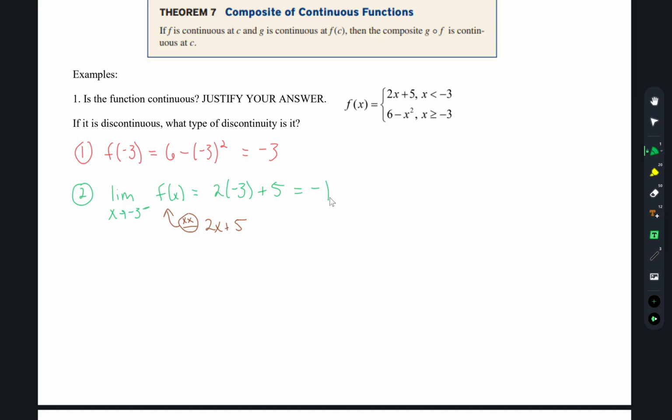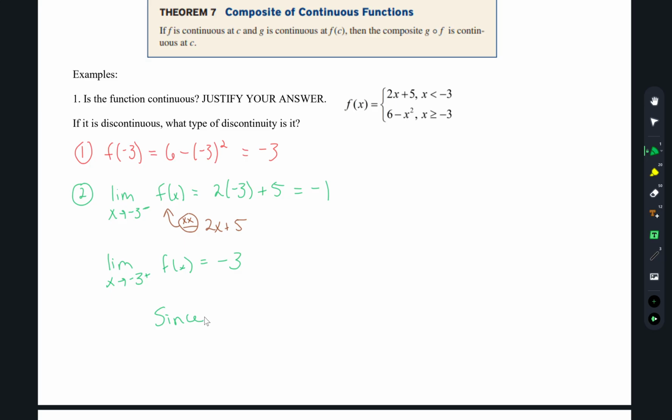But technically it doesn't satisfy the second step. So you could do -3 from the right of f of x, because we've already done that on step 1. We've already plugged it in, the 6 minus x squared. So then you can say the reason it's not continuous is since the limit doesn't exist. So for step 2, it's failed.